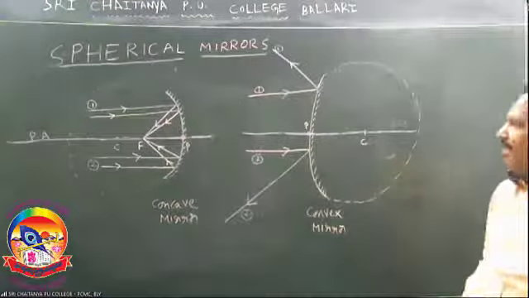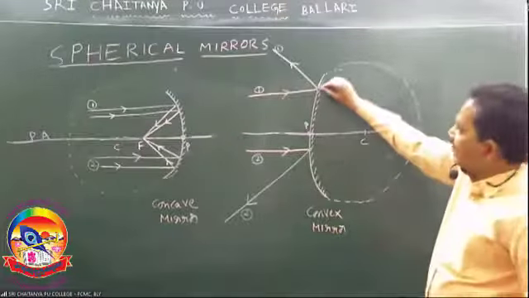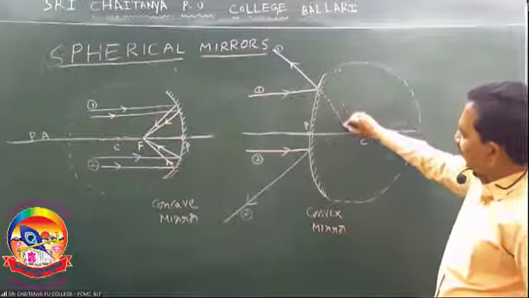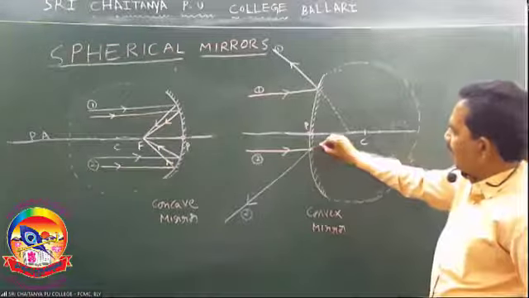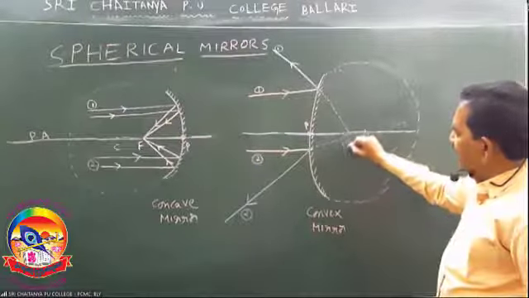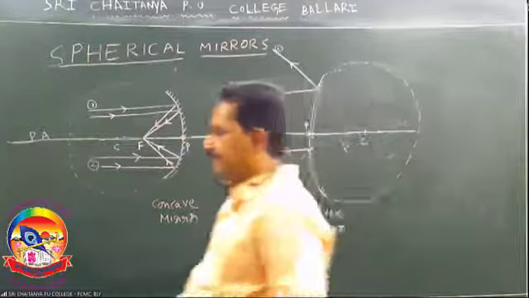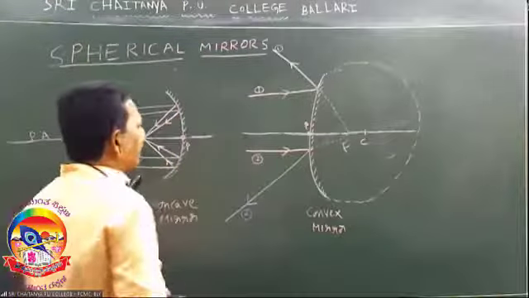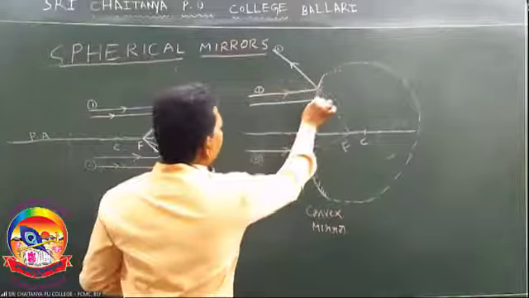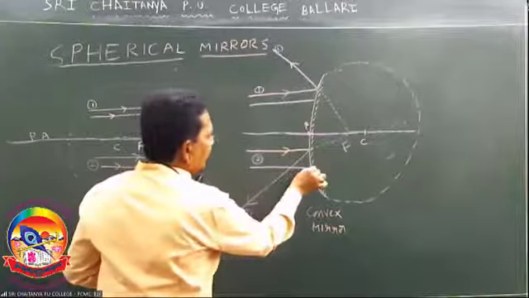Do these two light rays meet? No, they never meet, but appear to be coming from this point, and this point is called the principal focus. Consider one more light ray.